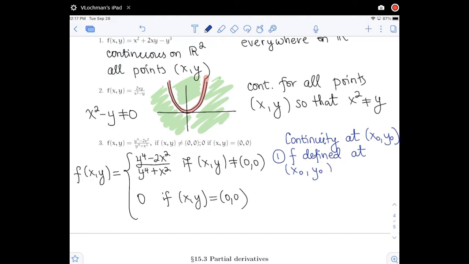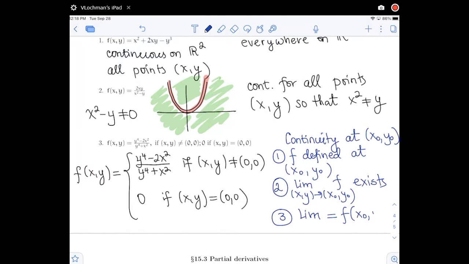Second condition, the limit as x, y goes to this point must exist. And not only that, the limit also needs to be the value of the function, so the limit is also equal to the value of the function at that point.